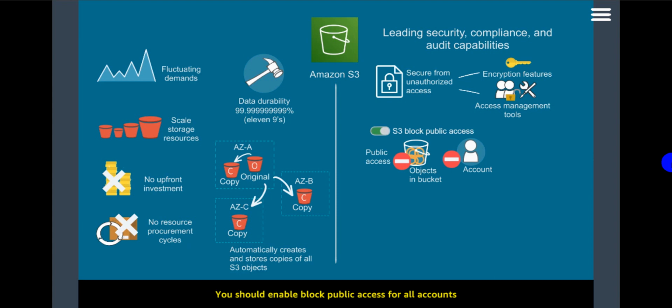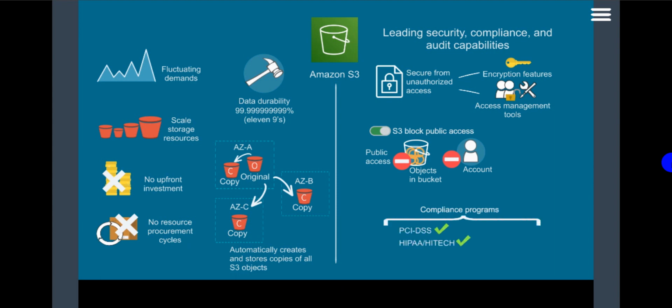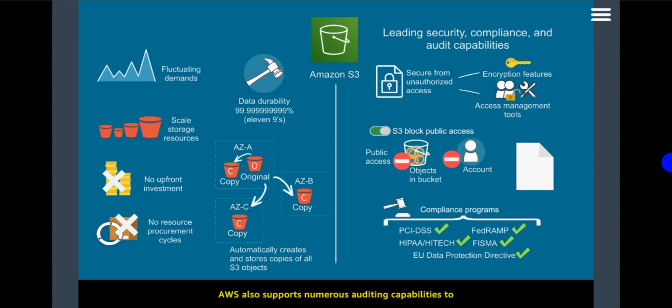You should enable block public access for all accounts and buckets that you do not want publicly accessible. S3 maintains compliance programs such as PCI DSS, HIPAA/HITECH, FedRAMP, EU Data Protection Directive, and FISMA. To help you meet regulatory requirements, AWS also supports numerous auditing capabilities to monitor access requests to your S3 resources.